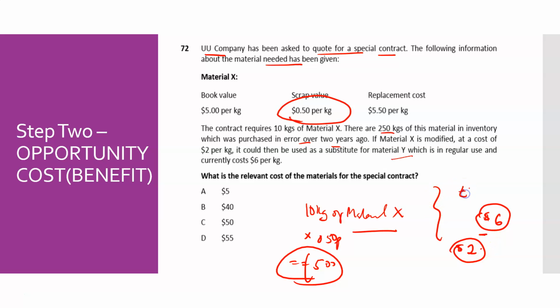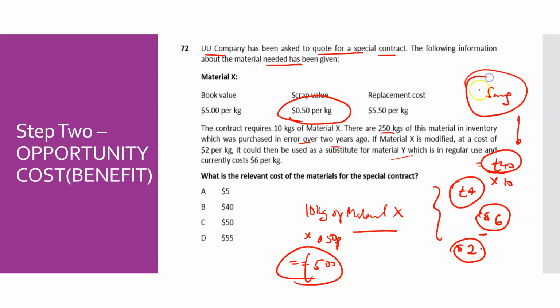By modifying this product, I'm saving £4 on every kilogram of having to go out and buy the raw material for material Y. So I'm saving £4 on every kilogram that I need for material Y, and on 10 kilograms, that's 4 times 10, which is 40. So I have a saving here of 40, which is relevant.